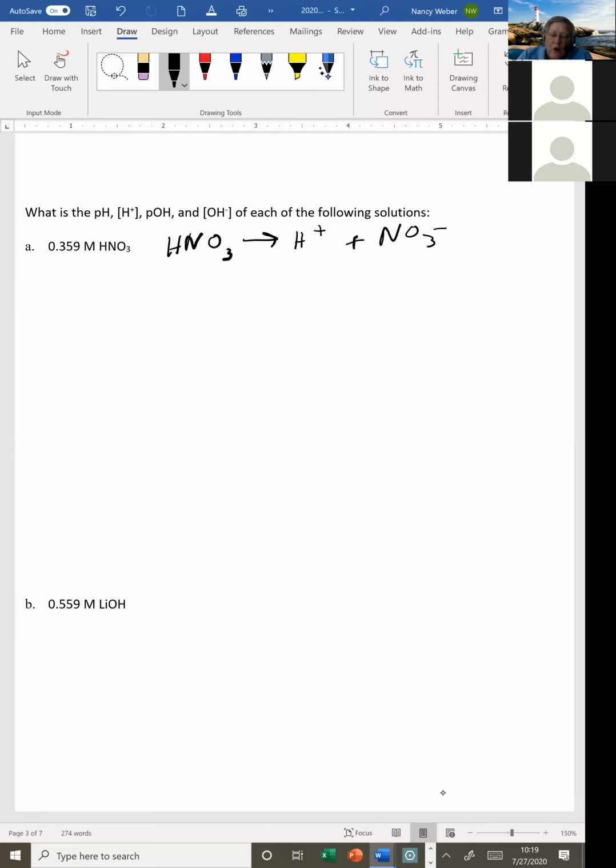And if it's strong, what that means is that the hydrogen ion concentration equals the nitric acid concentration because everything dissociates. So if HNO3 is 0.359 molar, that means the hydrogen ion concentration equals 0.359 molar.